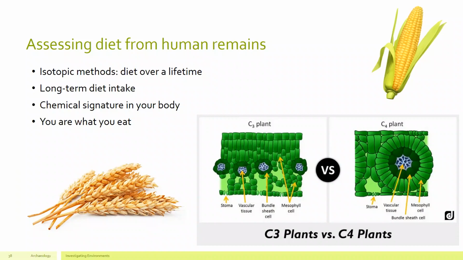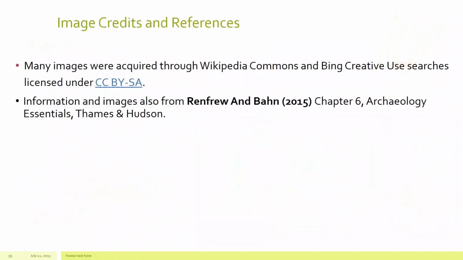It is a tropical C4 grass. It originated in the tropics. So these are different isotopic signatures that are preserved in the remains of plants and also are incorporated into the organism that spends a lifetime consuming them.